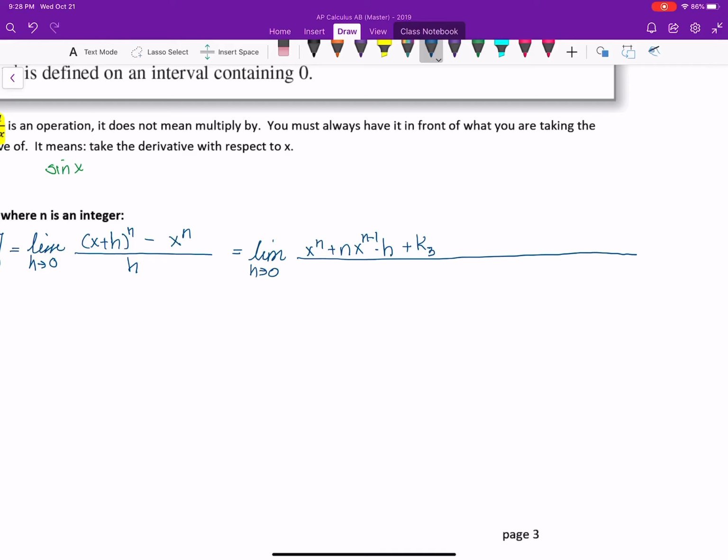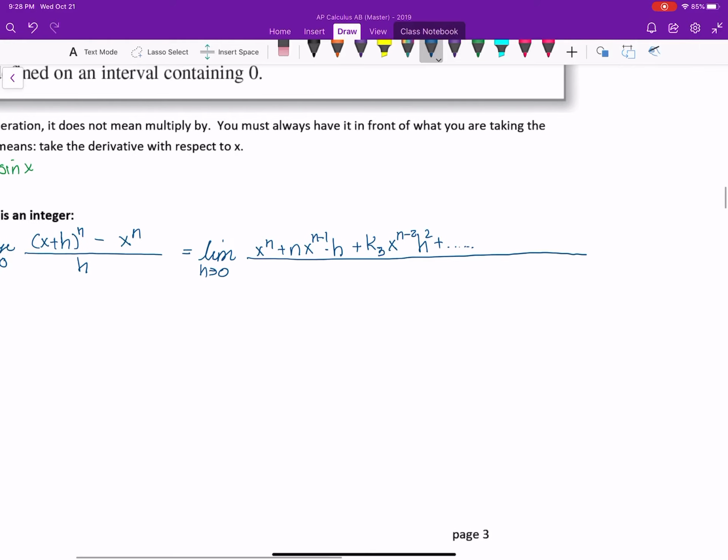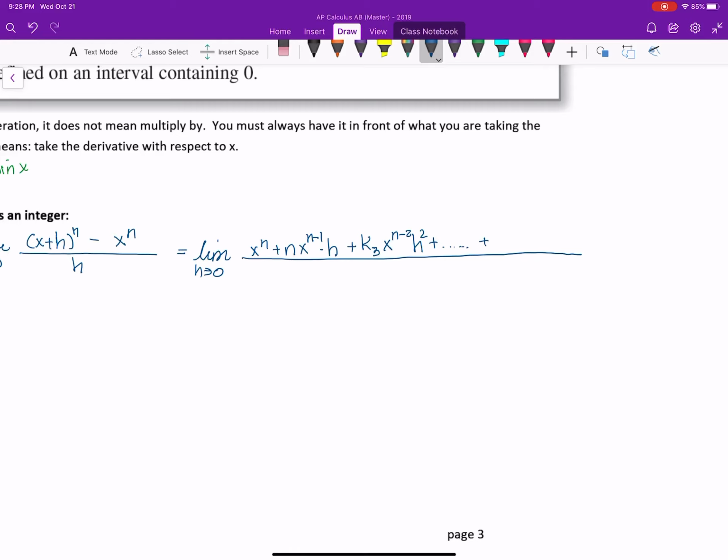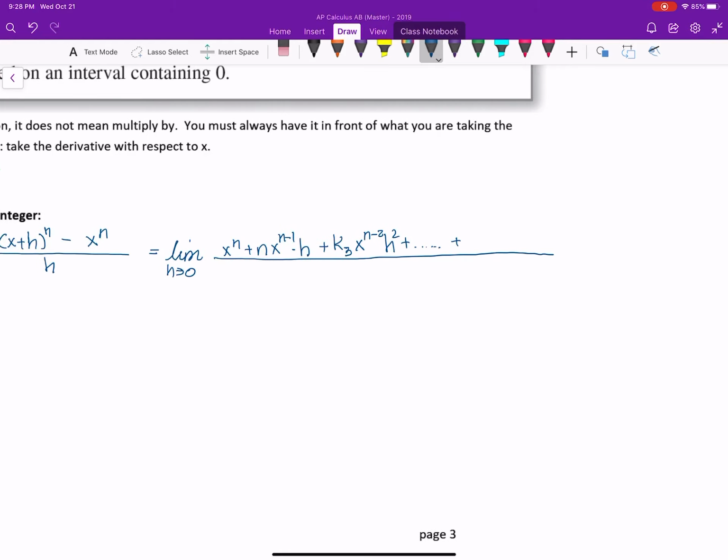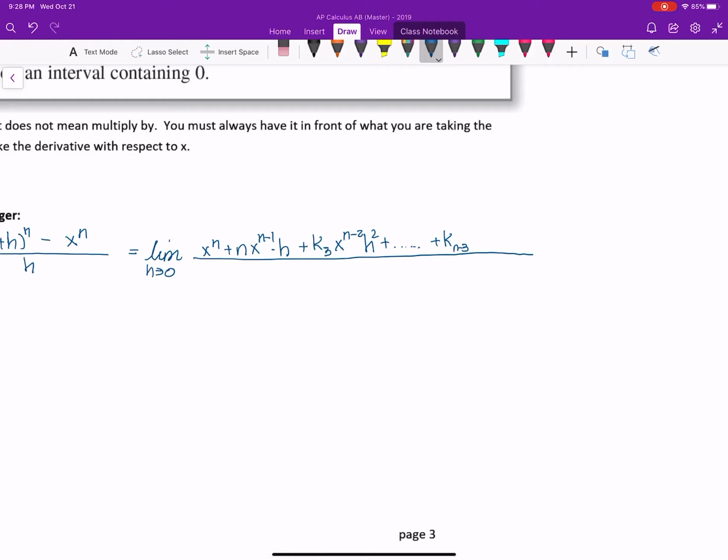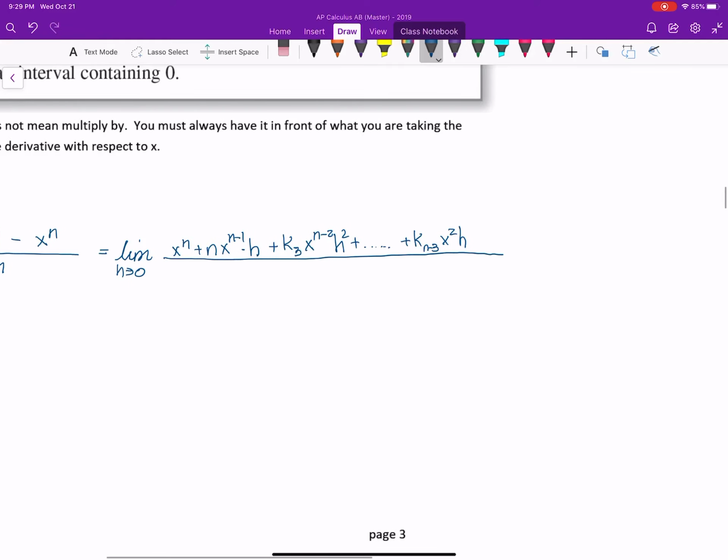Some constant x to the n minus 2, h to the second, plus a whole bunch of middle terms. And then we have the same idea here, some constant. It's the third to last term, so it's going to be x squared h to the n minus 2.